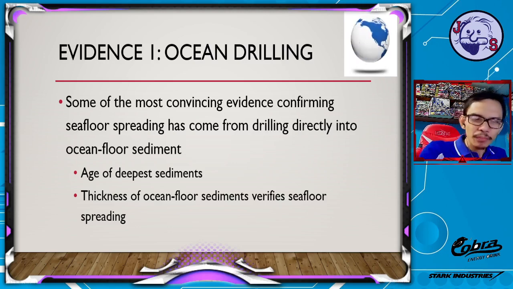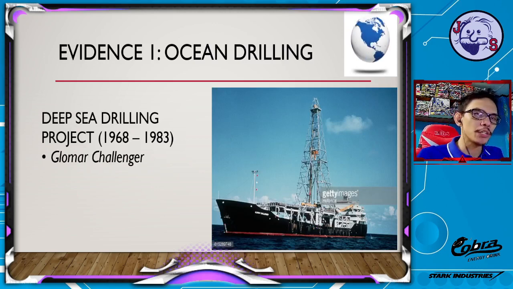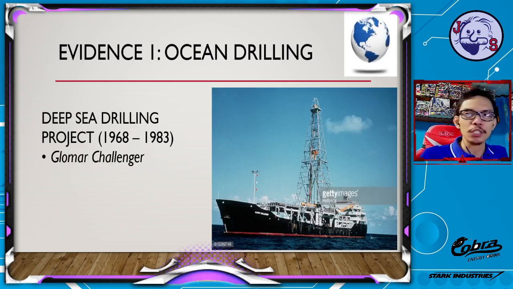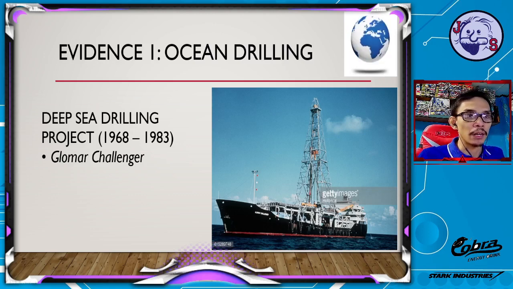In this ocean drilling, they used a ship called the Glomar Challenger, a deep sea drilling ship, and the project ran from 1968 to 1983.